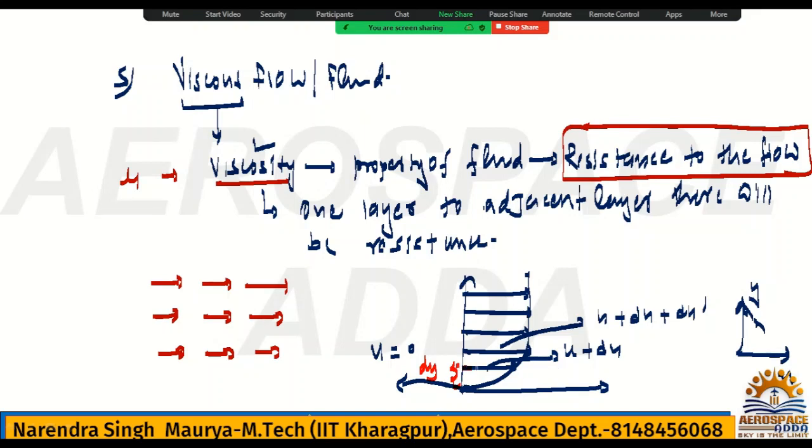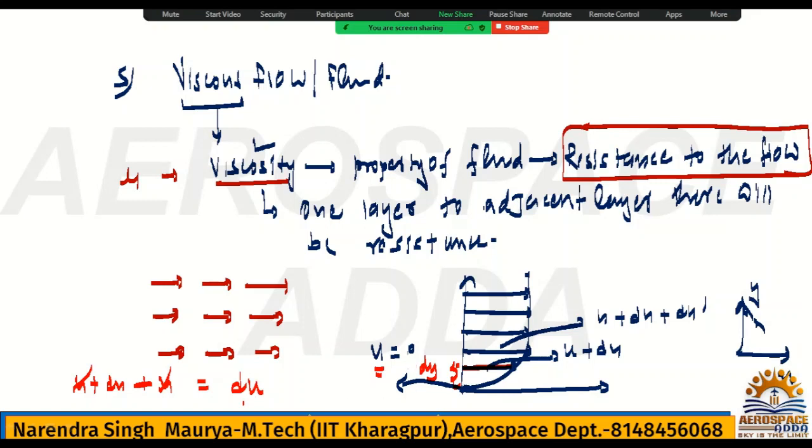Upper layer is u plus du, and lower layer, starting from origin, is u. So if you get the difference, you get the change of velocity du. So what is the difference between one layer to another layer? It is du. So du velocity difference you are getting in dy distance.